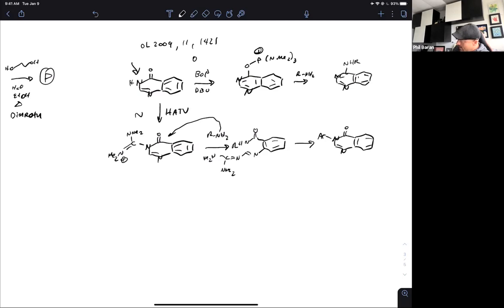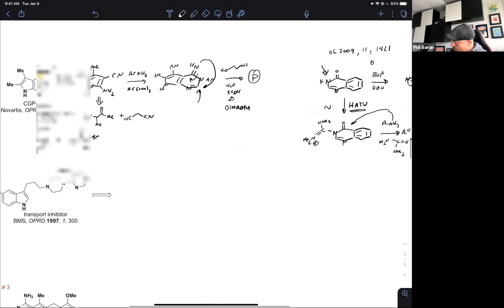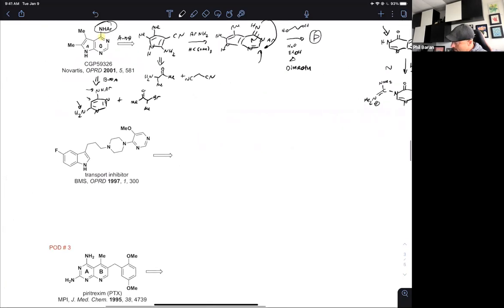Maybe oxygen is attacking the aryl bromide you're using. Whereas this approach goes by way of a Dimroth-type opening and closure to give you the desired product simply by changing your peptide coupling agent, just switching over to this Carpino reagent, HATU. The uronium intermediate is formed, which prefers N activation over oxygen activation.